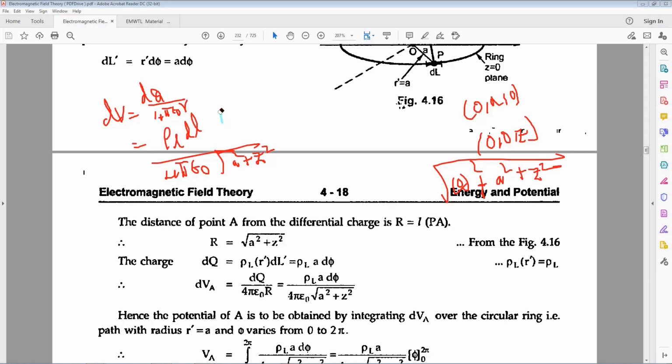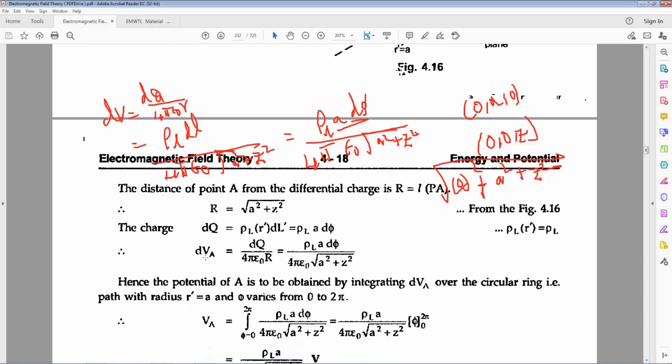Okay. dl, and what is dl? dl on the ring means R into d phi. What is R here? The distance is A only. So rho L A into d phi, I am substituting as dl bar, and 4 pi epsilon naught square root of A square plus Z square. We got this function for the differential potential dV.